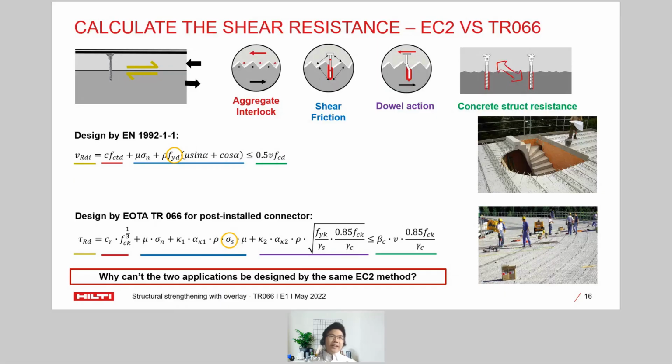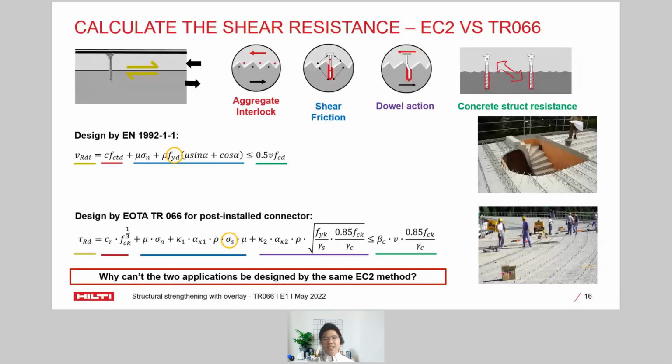If we take a look here, the strength of the concrete-to-concrete interface is a combination of several components. The red one represents the aggregate interlocking between the new and existing concrete, which holds the two sides of the interface together. The blue one is the shear friction.